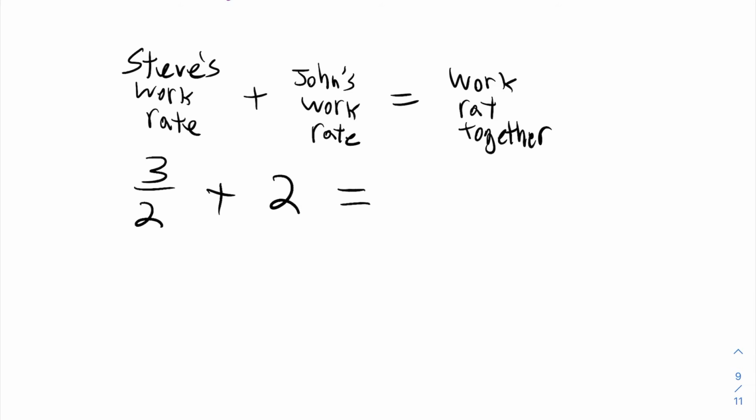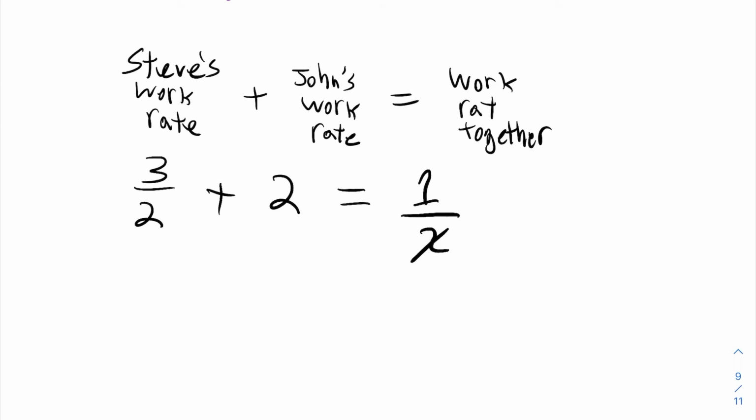And that has to be equal to the work rate together, which I want to know how long it takes them to do 1 car, and I don't know how long that is, so that's X hours. So 1 car in X hours. A rate is pretty much the same thing as a ratio, but there are some stipulations on the units. So we can solve this then.